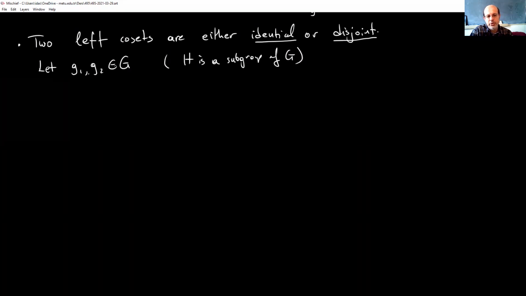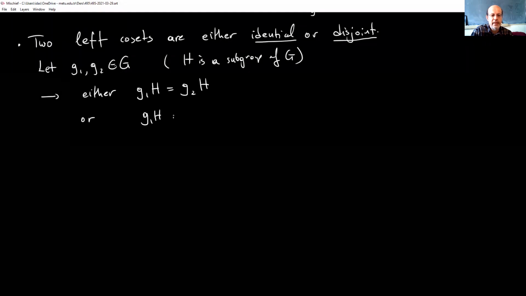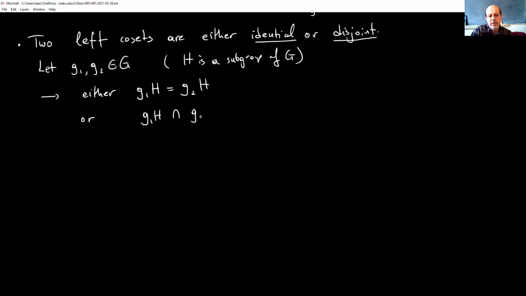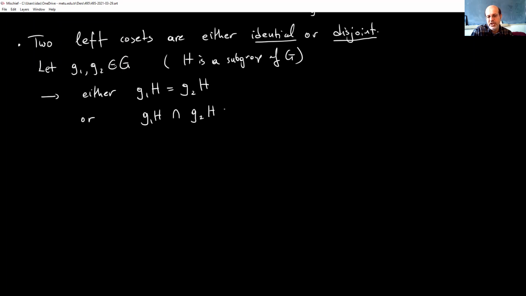And I just choose two elements from the group. In that case, we have either the coset generated by G1 is the same thing as the coset generated by G2, or the coset generated by G1 intersection with the coset generated by G2 is empty.